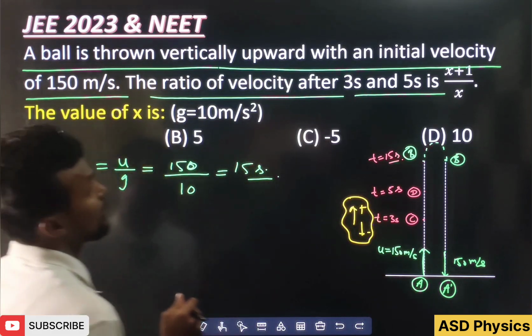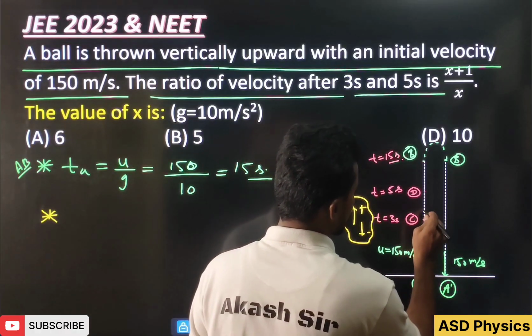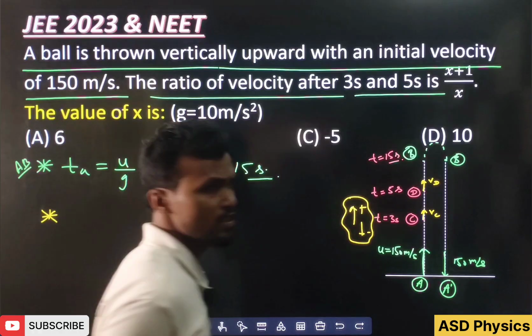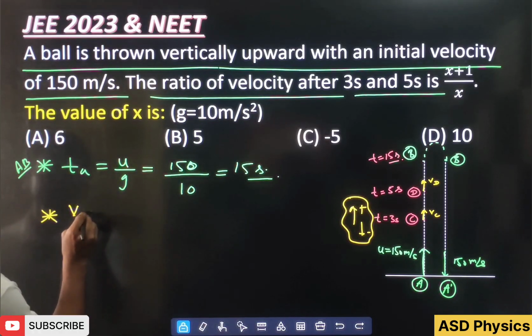From A to C, let's take the velocity as VC, and the velocity at D as VD. We have to take the ratio because they are telling the ratio.